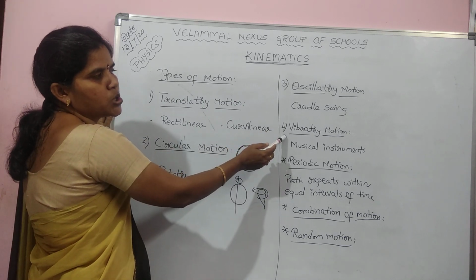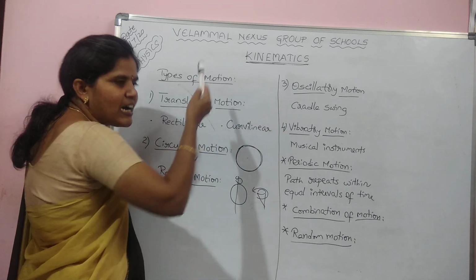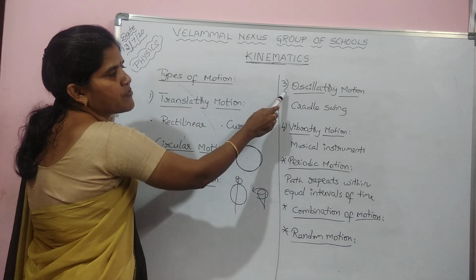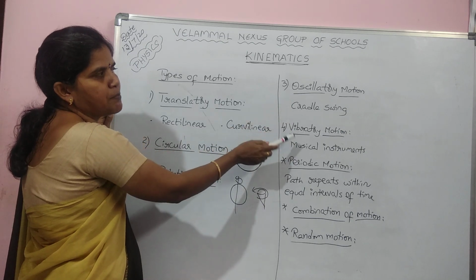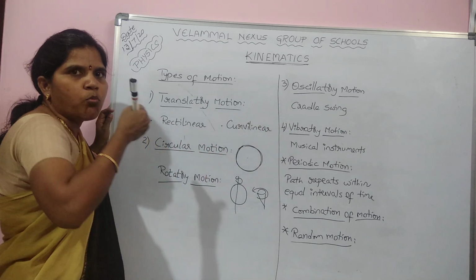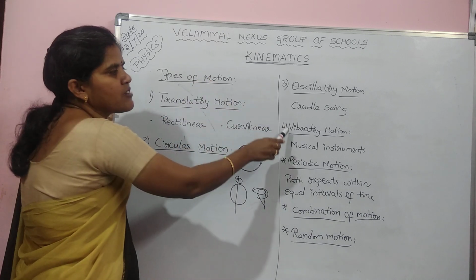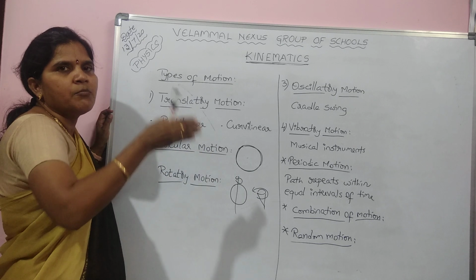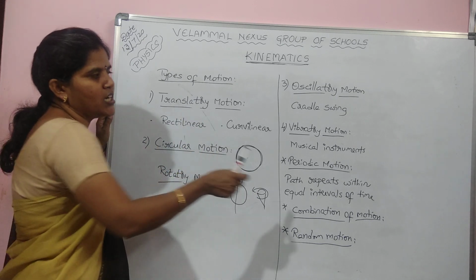Here the body will move as a whole, here the body will not move as a whole. That's the difference between oscillatory and vibratory. I repeat, in oscillatory motion the body moves as a whole, whereas in vibratory motion the body will not come out of its position, making vibrations on its mean position only.